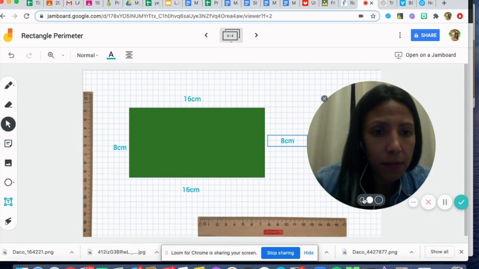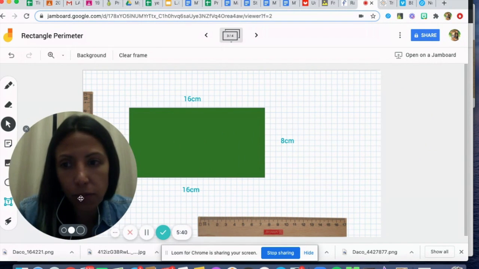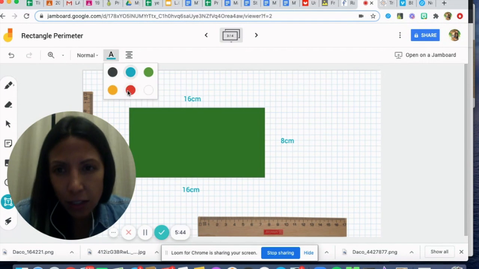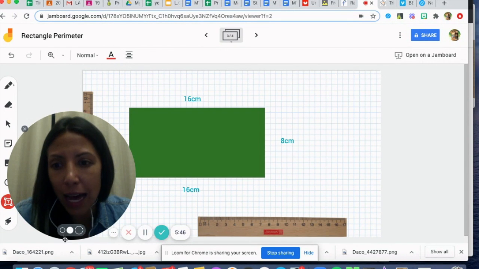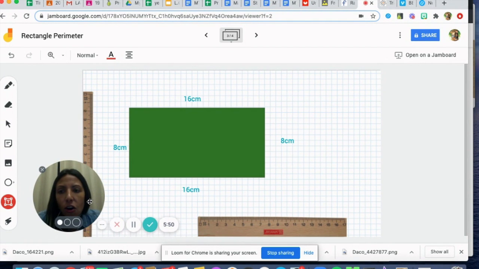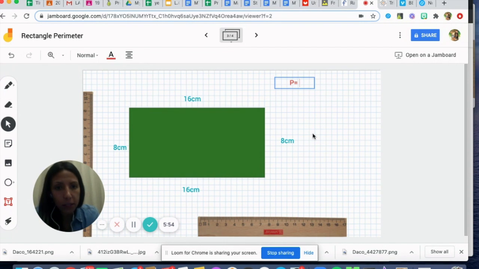Second step, we are going to add all the sides. To get to know the perimeter, we need to add all the sides.